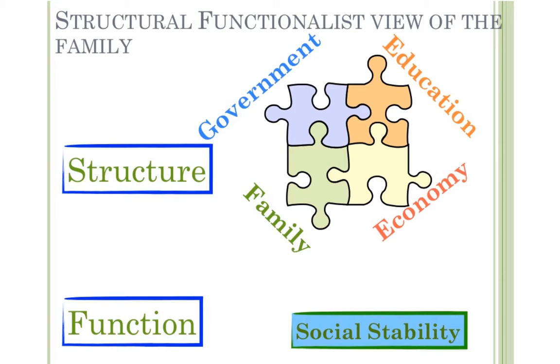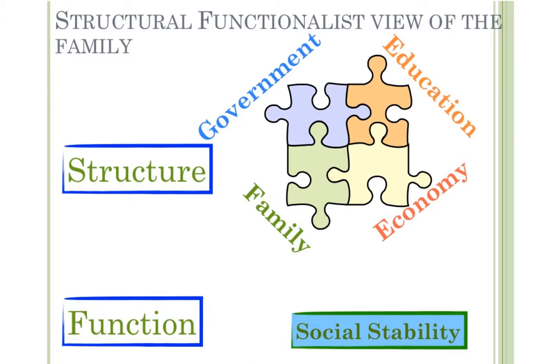Now, part of what the functionalists talk about are called social scripts. Social scripts are rules that outline what, where, when, how, and why we should do something. Functionalists believe that role specialization increases the efficiency of family function. What they mean by role specialization is that everyone gets a certain amount of responsibility in the family.